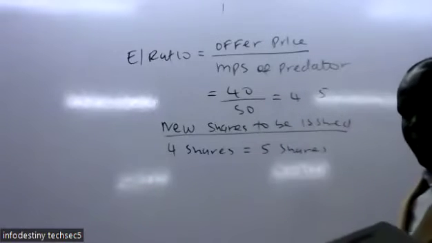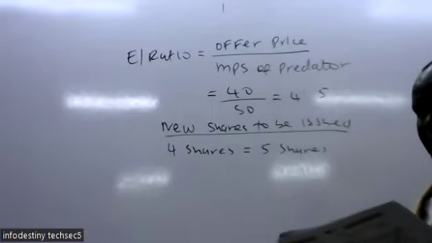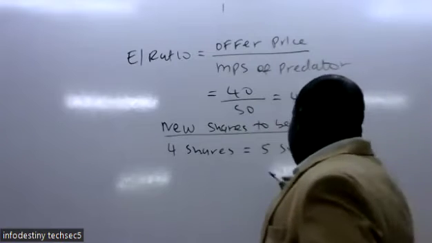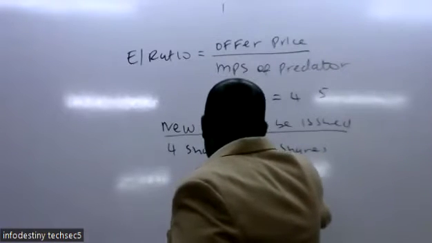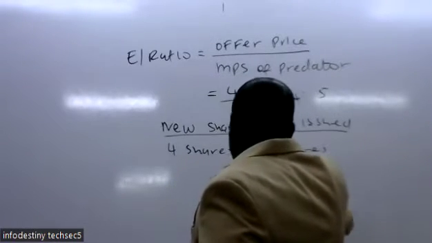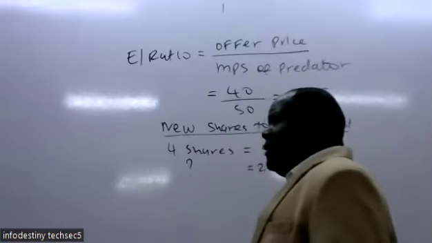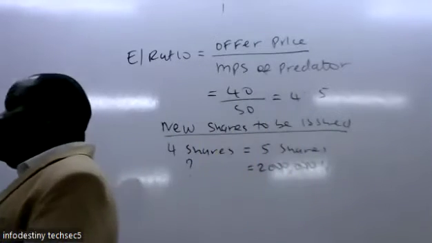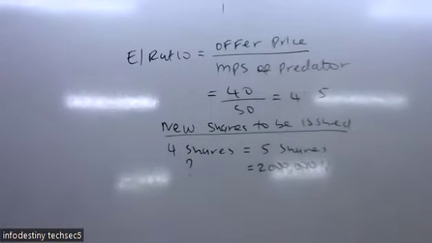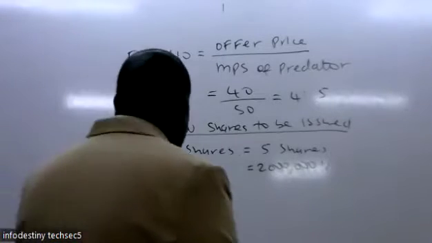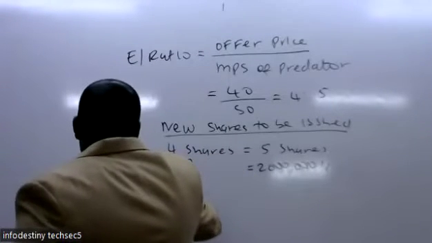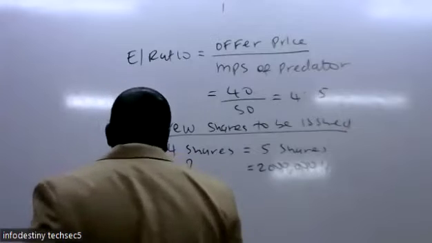The target has how many shares outstanding? It has 2 million ordinary shares outstanding. So when you cross multiply, how many new shares are we going to issue? 1.6 million. So we get 1.6 million shares.